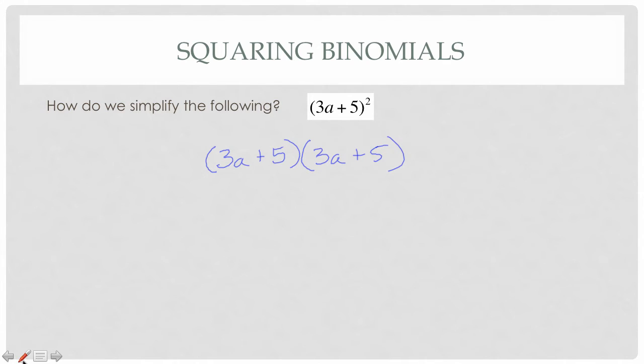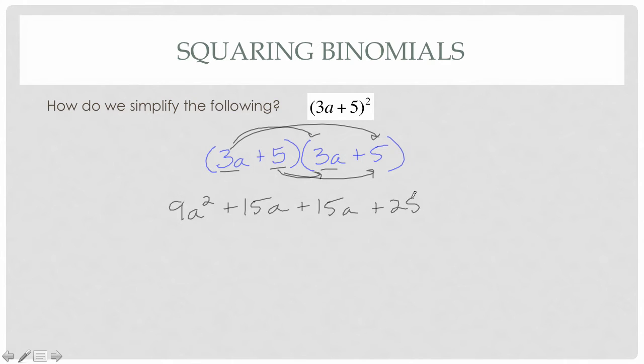And now this looks a lot more like the problems we were just working on, right? So I'm going to do 3a times 3a. 3 times 3 is 9. A times a is a squared. Then I got 3a times 5 to get plus 15a. Another 5 times 3a to get another 15a. And then finally a 5 times 5 to get 25.